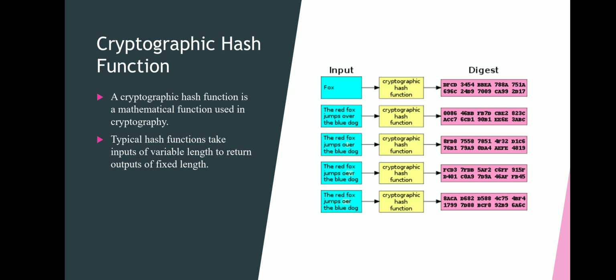For a given message, it is easy to compute the hash value, but if you have the hash value and want to get back the original text, that is not possible. That is why we call it a one-way hash function. These one-way hash functions are very important in cryptography as well as in blockchain technology.